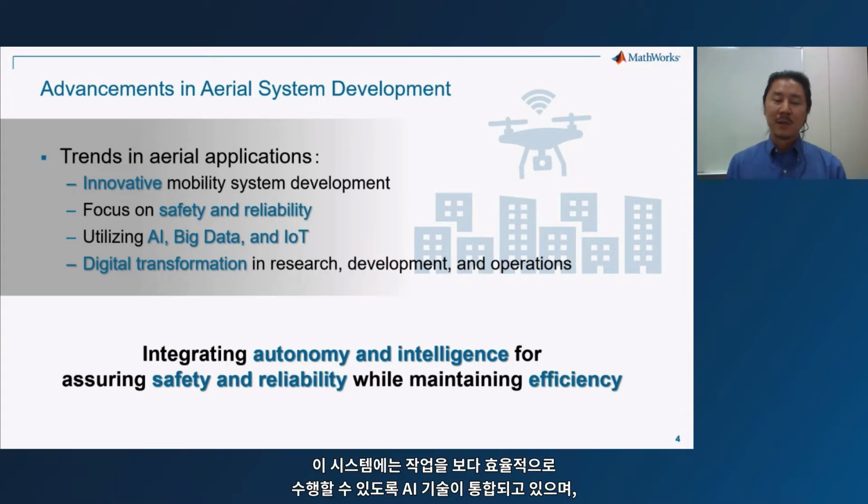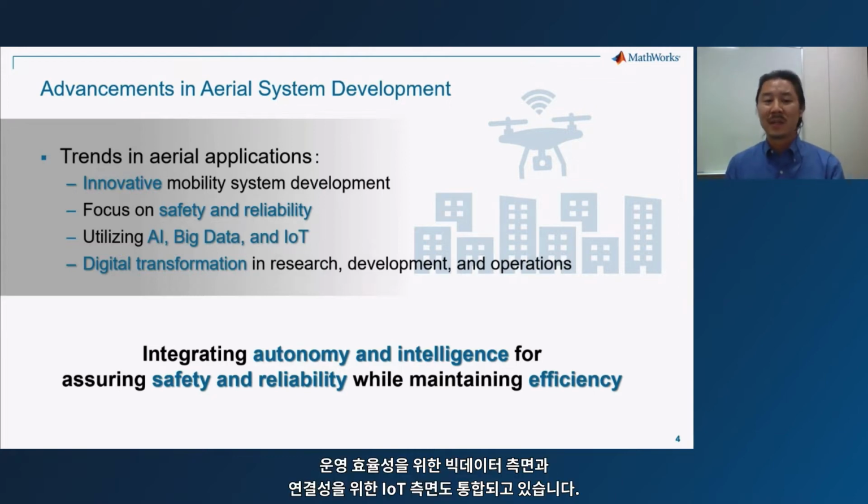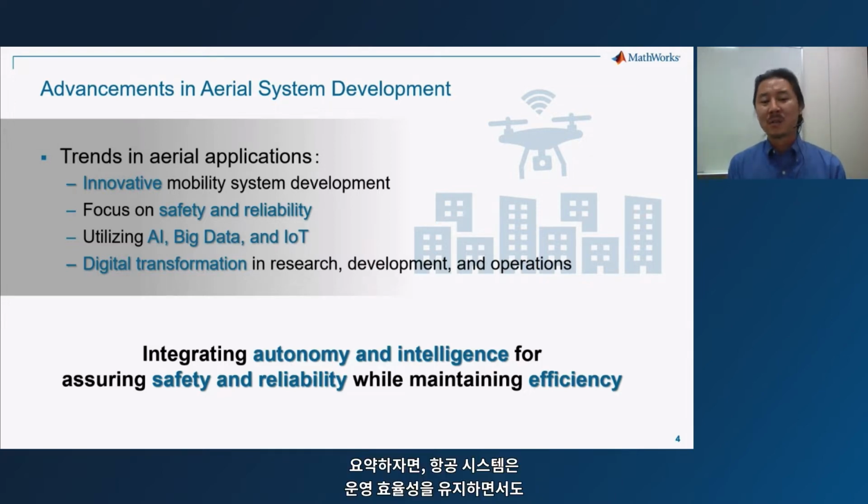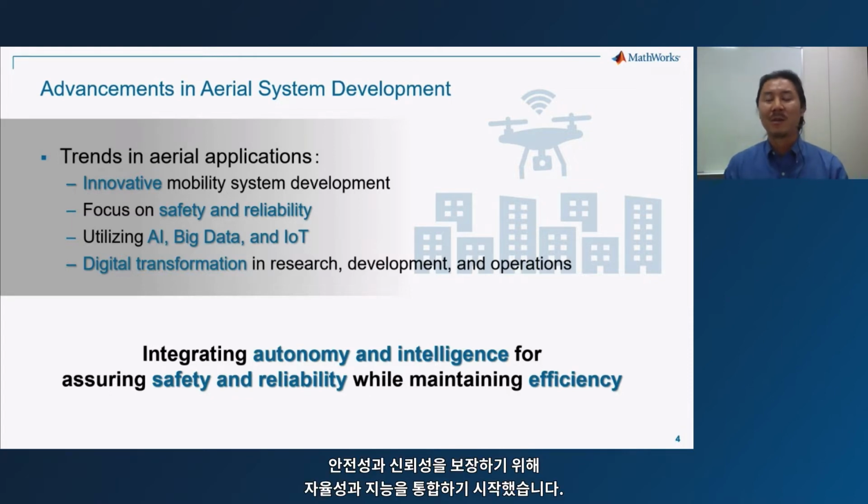These systems are incorporating AI technologies for intelligence to be able to more efficiently execute these tasks, and incorporating aspects of big data for efficiency in operation and IoT for connectivity as well. Digital transformation is being embraced for research, development, and operations because flying hardware and testing on hardware is really risky.